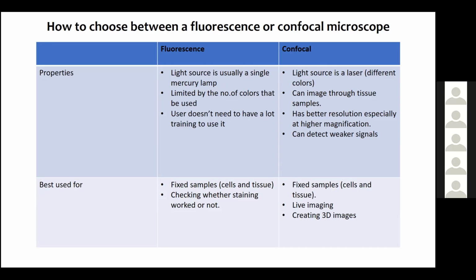So you can use a fluorescence microscope to image 3 to 4 colors. Whereas if you have 5 or more colors, that's when you want to use a confocal microscope, because the light source is usually different lasers of different wavelengths.